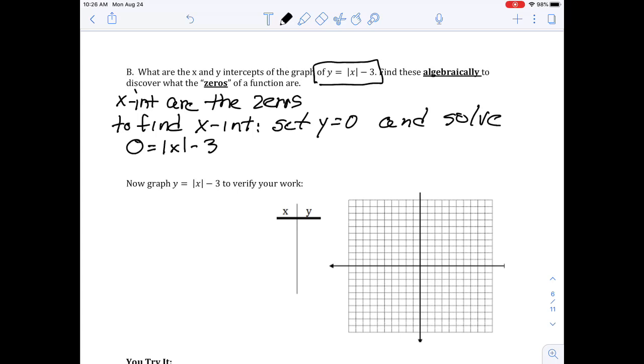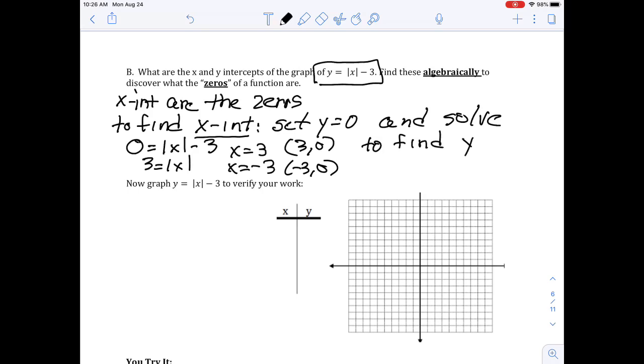And so that's why in the prerequisite skills, I asked you to practice solving absolute value equations. So we're going to add the 3 over to the other side. So we have 3 equals the absolute value of X, which means that X equals 3 or X equals negative 3, or 3, 0 and, because we let Y be 0, negative 3, 0. Those are my X-intercepts.